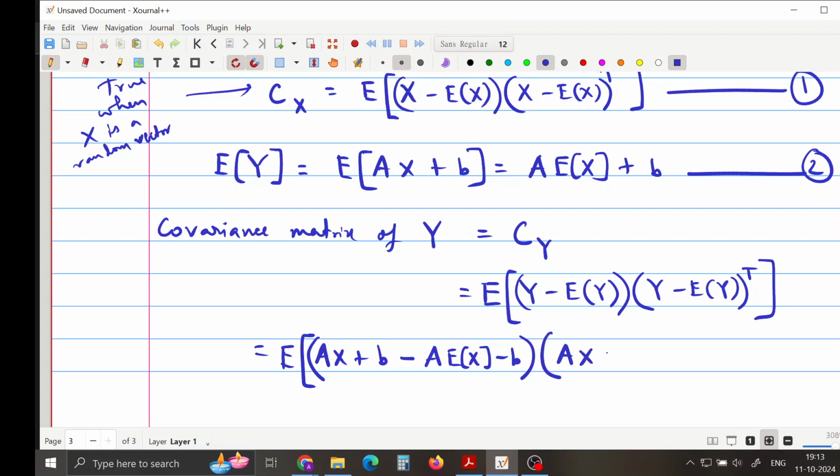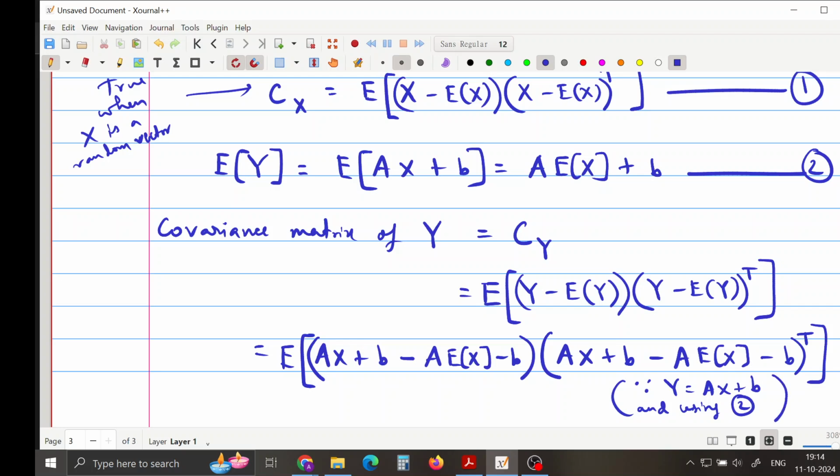Again we have y minus expectation of y, the whole transpose. So that becomes this, since y equals ax plus b, and using equation 2 I have substituted for the expectation of y. You can clearly see that this b and b get cancelled.